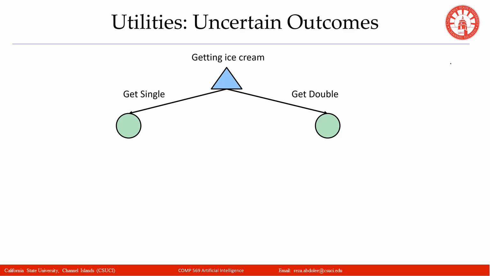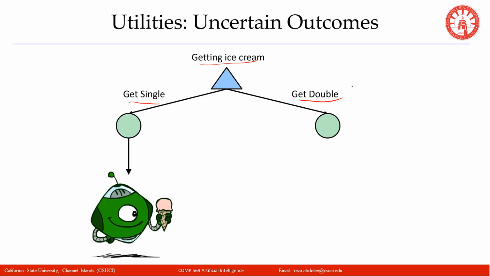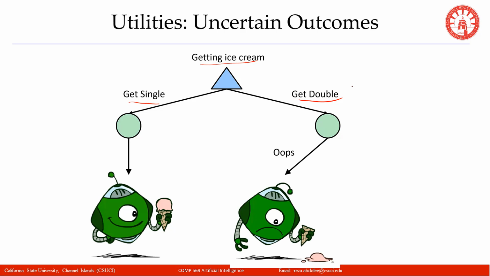Here, getting an ice cream, for example: if you have an agent whose objective is getting an ice cream, we get the single scoop of ice cream, we have this branch, and if we get the double scoop of ice cream, then we come to the right branch. If we get the single ice cream, we assume that's going to happen 100% of the time, and therefore the agent is going to be happy.